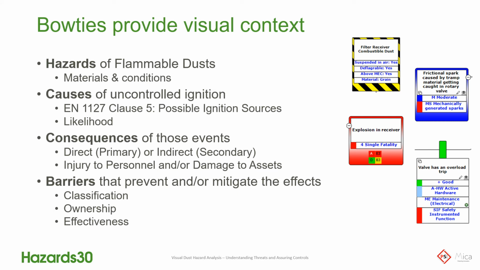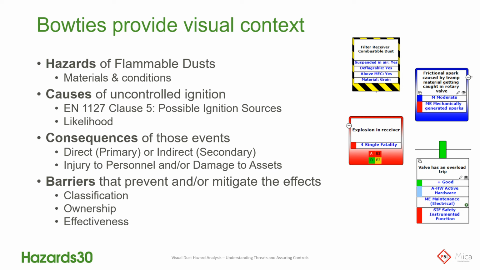So what we believe visual dust hazard analysis using bow tie offers is a clearer sense of what the hazards are in terms of the materials and conditions, the credible causes of uncontrolled ignition, and there's a list of 13 possible ignition sources in BS EN 1127, and also the potential likelihood that those causes or threats will occur.